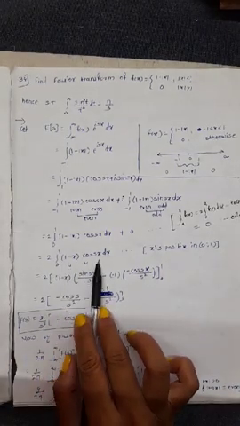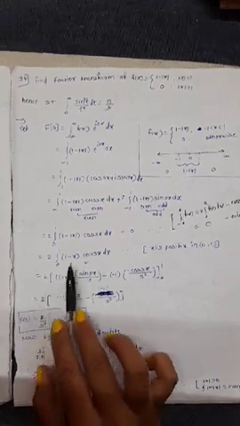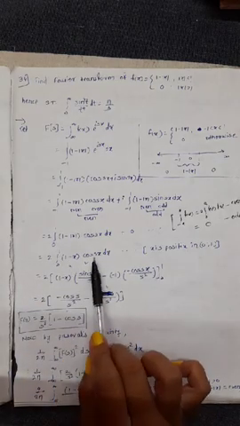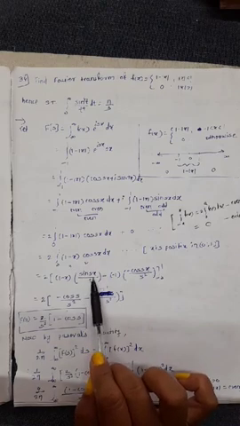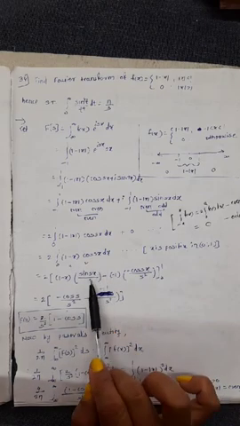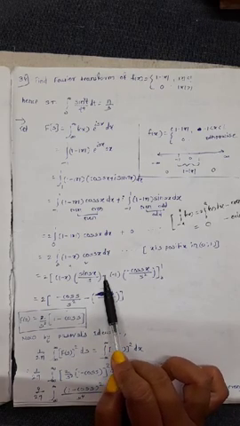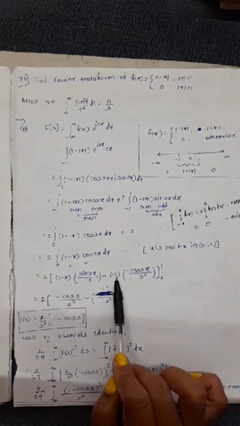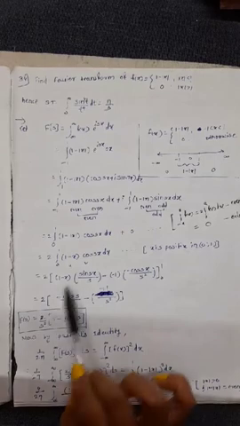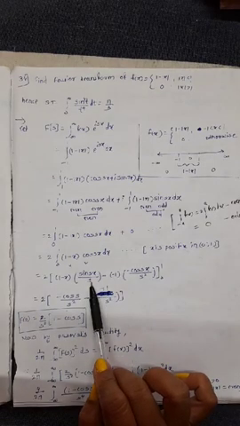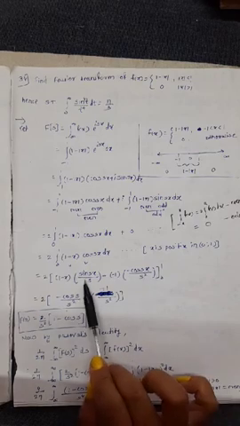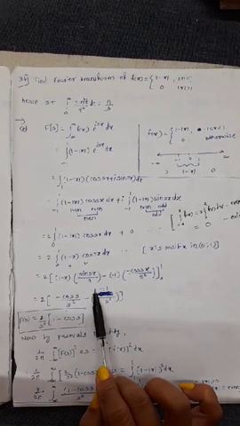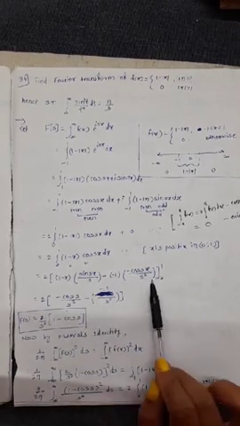We can solve it by the by-parts method, or the u into v rule of integration. Keep u as it is; the integration of v, cos sx, is sin sx upon s, the derivative of sx with respect to x divided. Then minus, the derivative of u, which is minus 1, into the integration of sin sx, which is minus cos sx upon s, and that s and this s become s square.